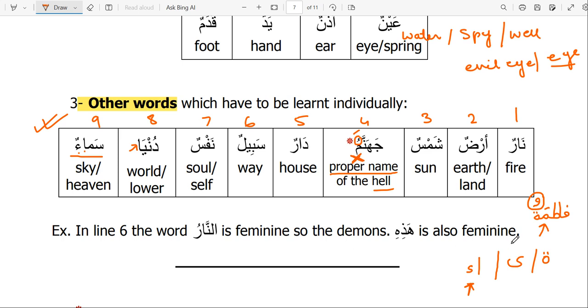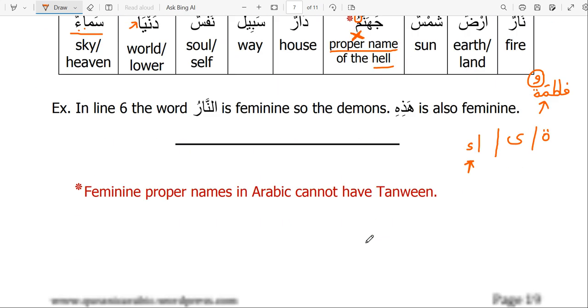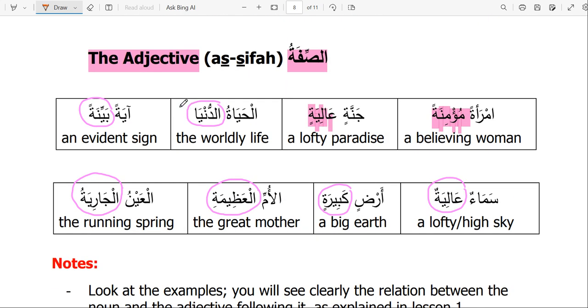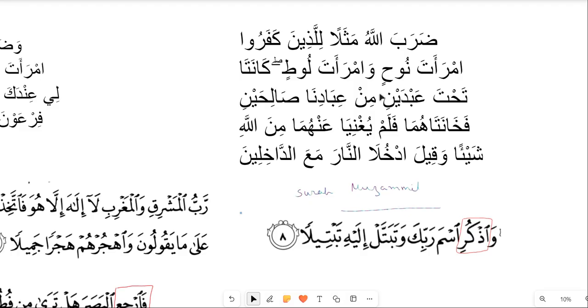And now we come to the sifa. And before I go to sifa, let me tell you about examples of command words and how they come in the Quran. So now here in this example, I have taken this from the surah.